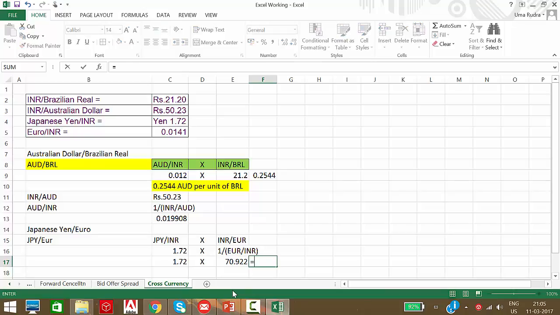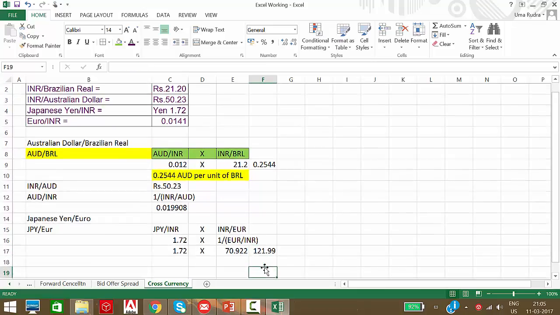Now we need to multiply these two. Let me put the formula here: 1.72 into 70.922. I hope I have done the calculation correctly; please check, but this is the logic we need to follow. This is 121.99. What does it mean?